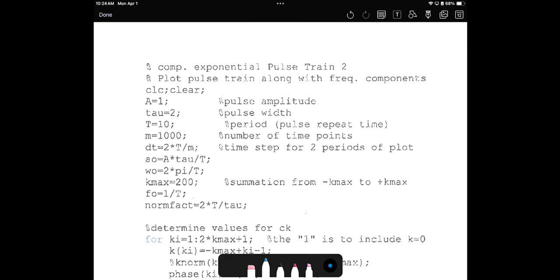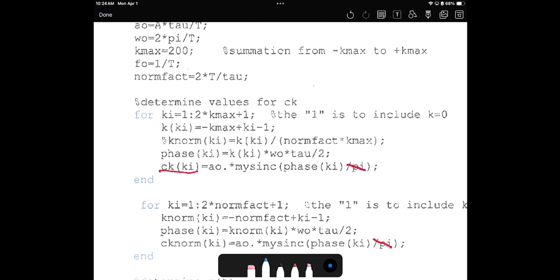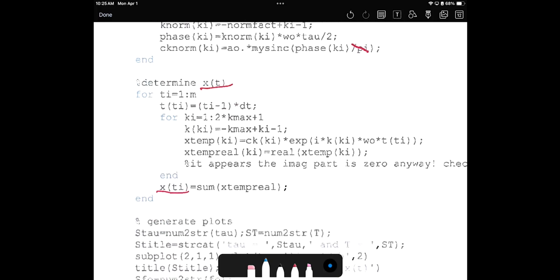Remember, we cannot plot forever until infinity, so we need to determine how many periods and how many points. Then this is how we put the function, and we calculate Xk, the Fourier coefficients. Then we can plot it.